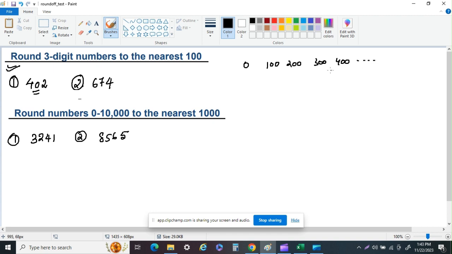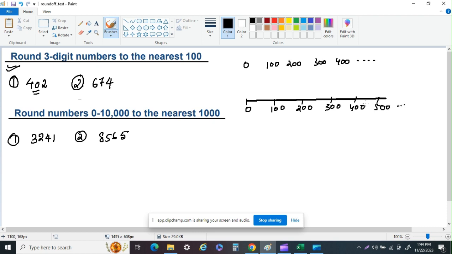For this, the first thing I'm going to do is draw a simple number line and place all these numbers on it. So we will start with 0, 100, 200, 300, 400, 500, and it goes on.